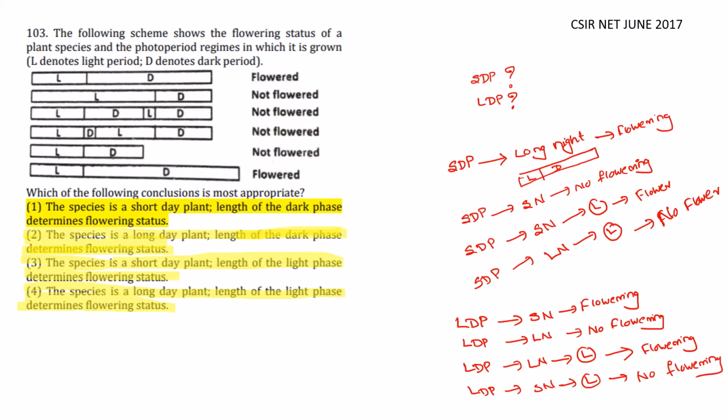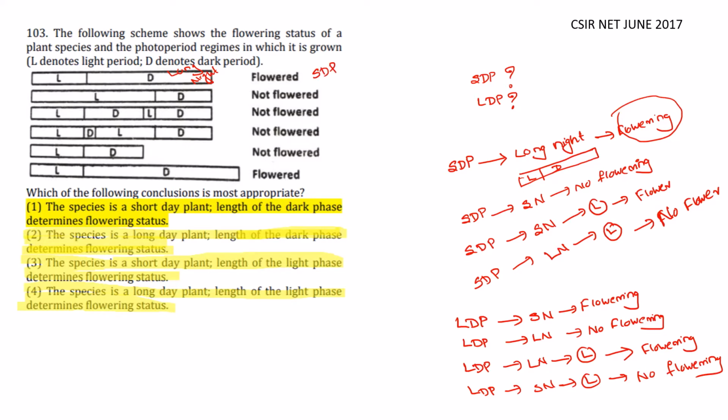Here you can see that L is the light period and D is the dark period. Here the dark period is more, so we can say that it is a long night. Here flowering is there, so this is a short day plant.